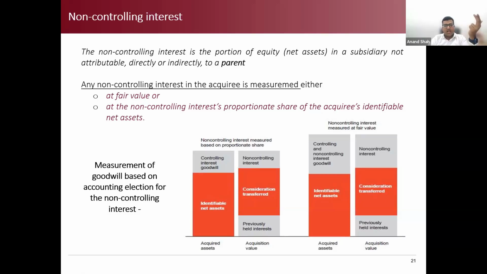Option two is we look at only the non-controlling interest's proportionate share, wherein the purchase consideration will exclude the valuation of the minority interest, and all the assets and liabilities that you are fair valuing, which form a part of the balance sheet, will only be recorded at the proportionate share which we have acquired. And obviously, the goodwill amount will vary between the two.